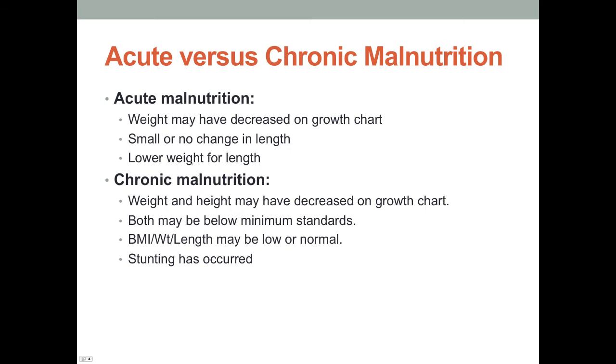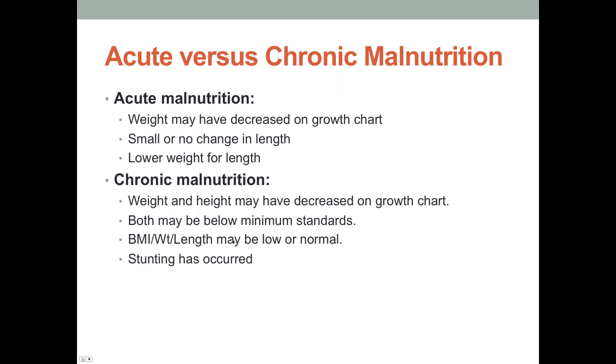Those who have chronic malnutrition, you'll find that both height and weight will have decreased on the growth chart. And both may be below minimum standards, whereas the BMI actually may be lower normal.